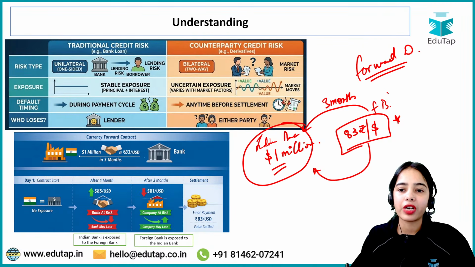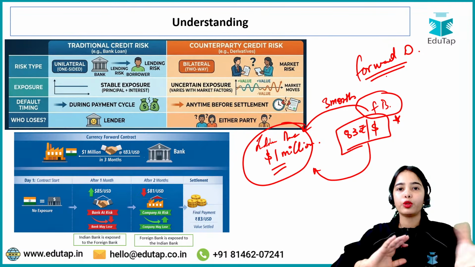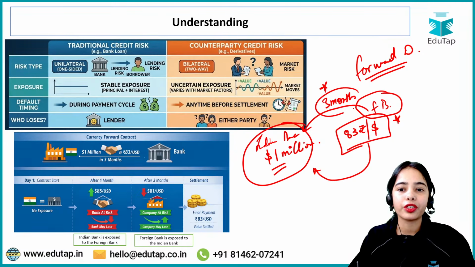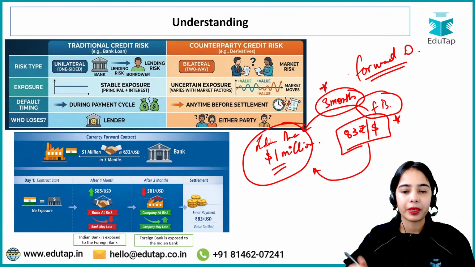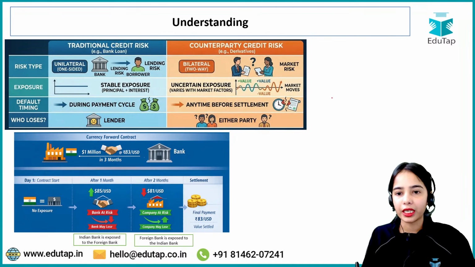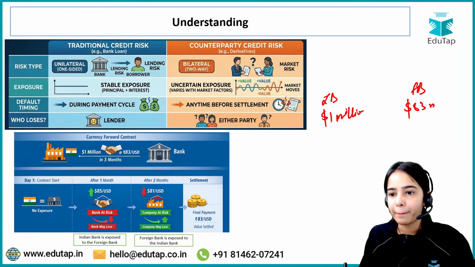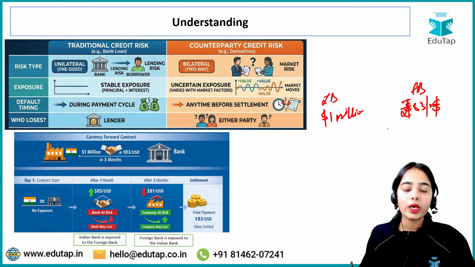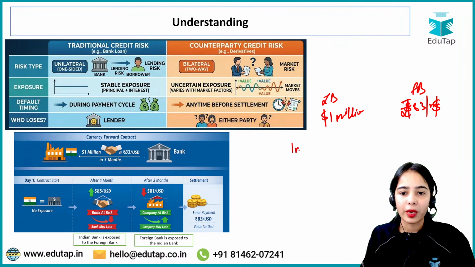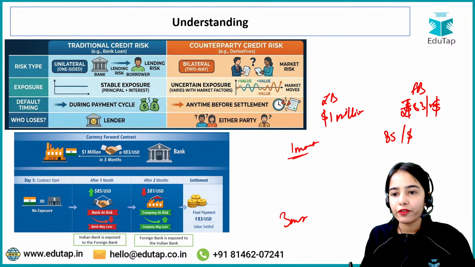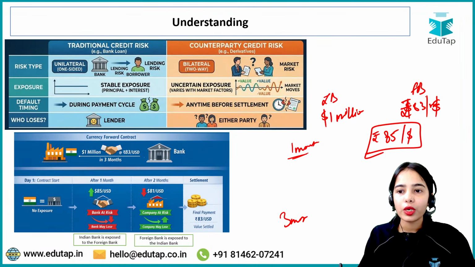The two parties have agreed to do the transaction, and the forward date is after 3 months; the settlement will happen after 3 months. Now let's say the Indian bank has agreed to purchase $1 million from the foreign bank at 83 rupees per dollar. What if after one month, although the contract will be settled after 3 months, the rate becomes 85 rupees per dollar?